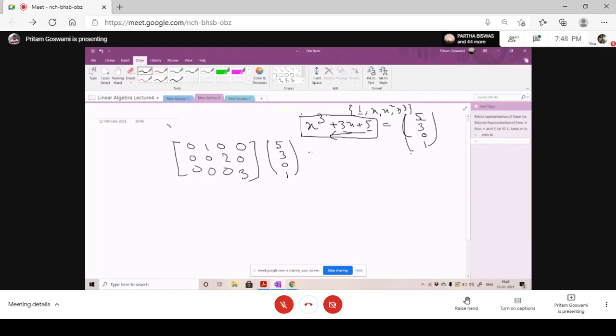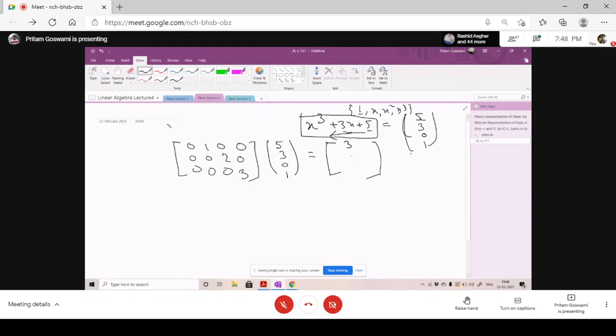Now what will the matrix be after multiplication? First will be 3, not 0: 0 into 5 plus 1 into 3, so 3 will be there.